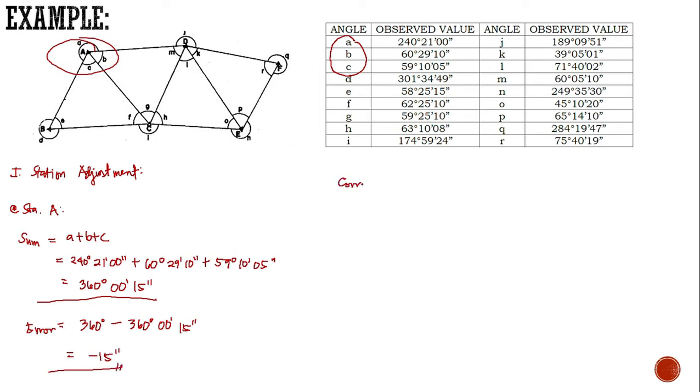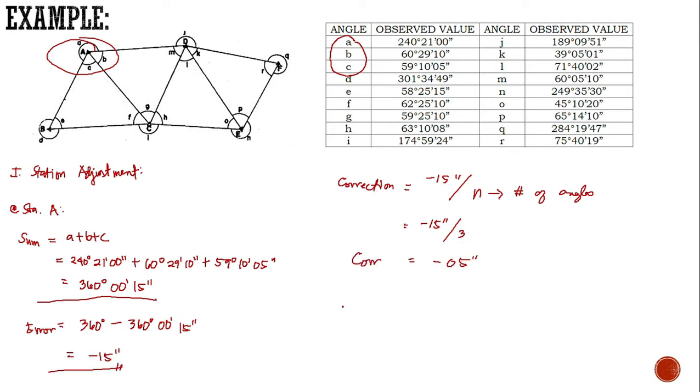For the correction to be applied to each angle in that station, simply divide that error by the number of angles. So negative 15 seconds divided by 3. Since we have 3 angles at station A, our correction would be negative 5 seconds.